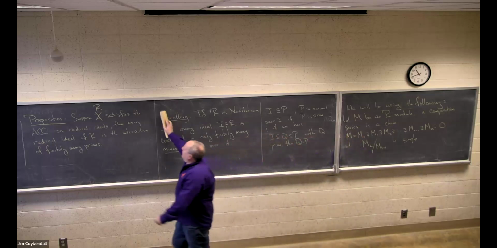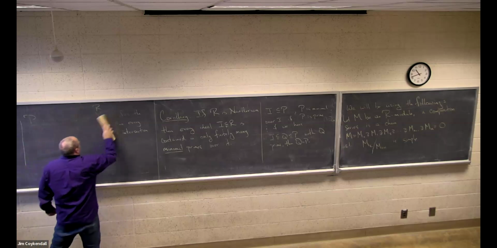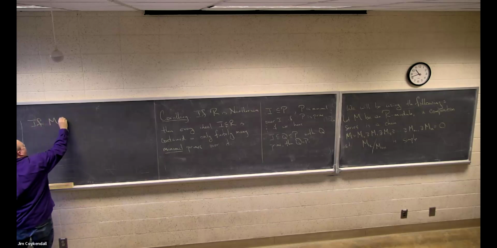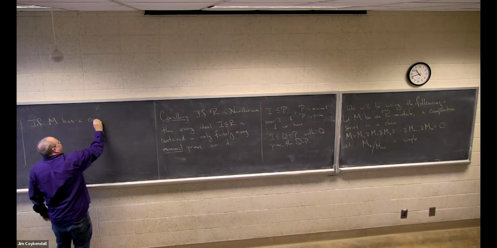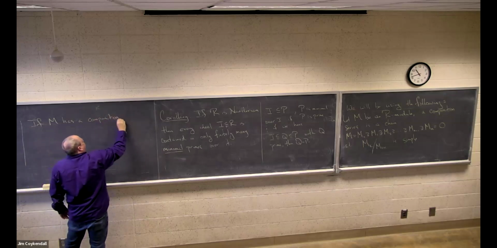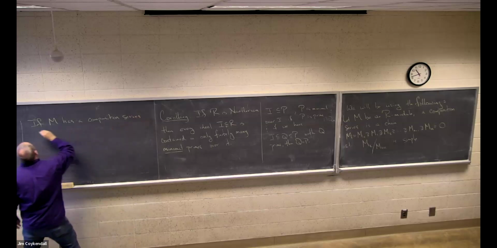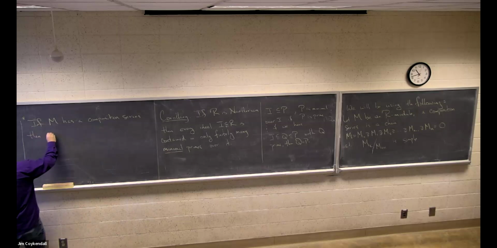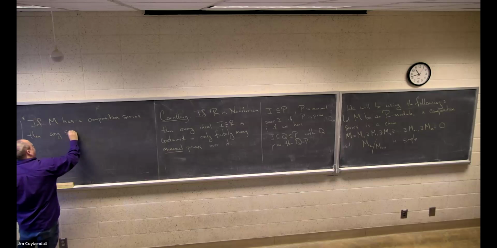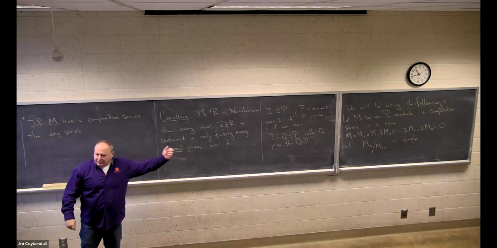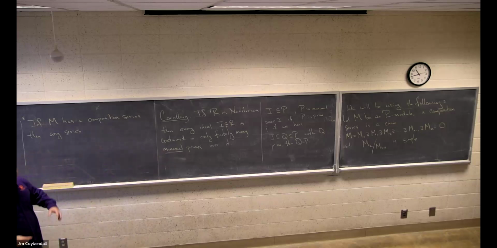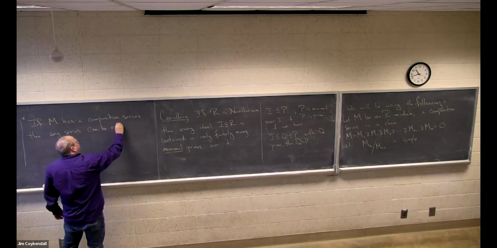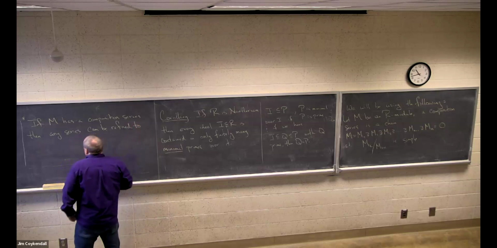So we're going to use the following fact, the fact I'm going to use. If M has a composition series, then any series, and what I mean by that is a descending chain of submodules like this, where the quotients aren't necessarily simple, can be refined to a composition series.